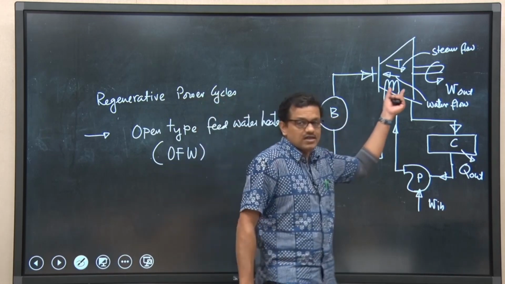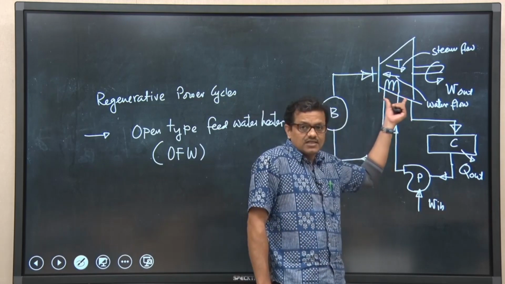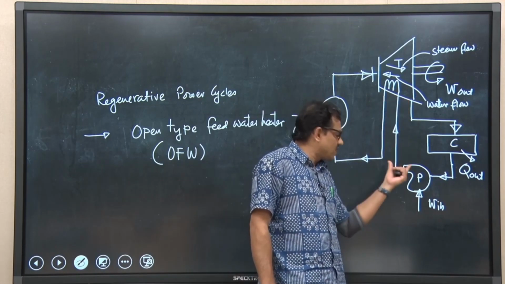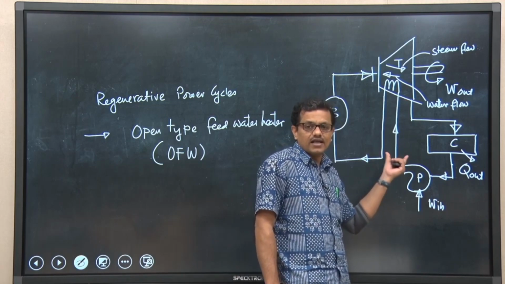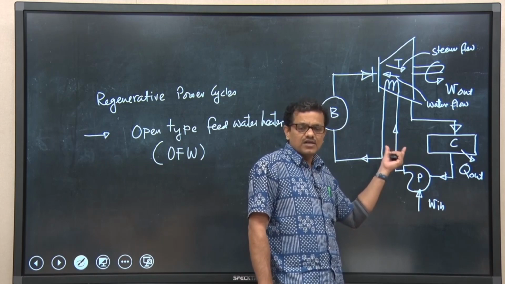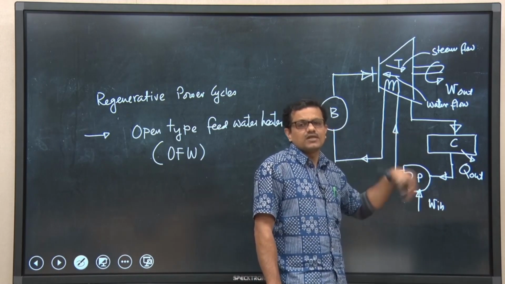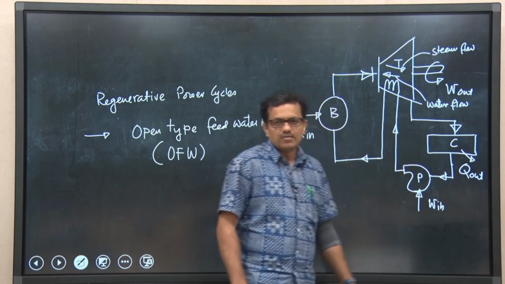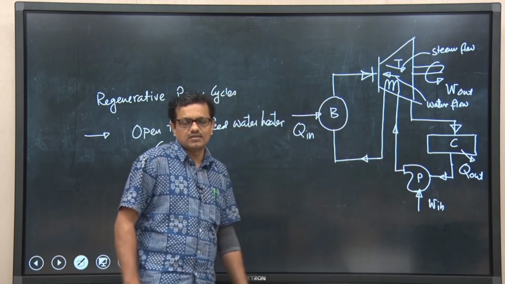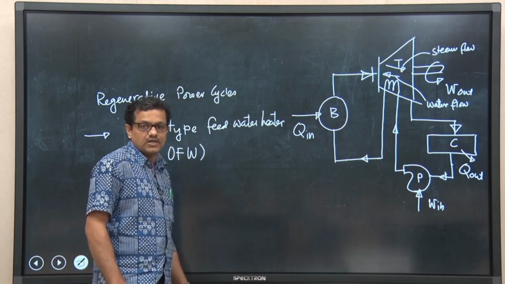So, the extracted or blade stream should be allowed to pass through a device, and feed water should be allowed to pass through the feed water tube, and if we allow steam to pass over the feed water tube, by virtue of the heat exchange phenomenon, we can increase the temperature of the feed water.